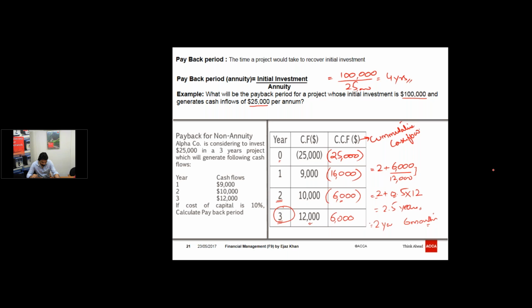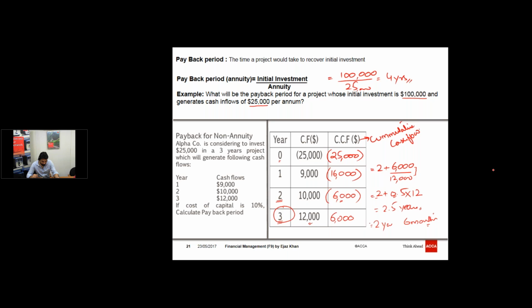We invested $25,000 at 0.0, and the 25,000 that we are going to receive from this project will take 2.5 years. During these 2.5 years, we are also going to pay to our fund providers their return in the shape of dividend and interest. So this payback period has totally ignored the cost of capital, the time value of money.